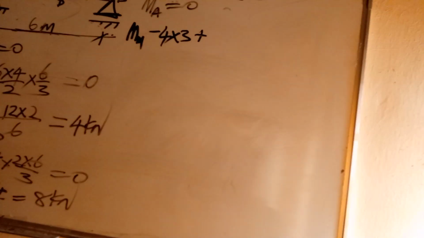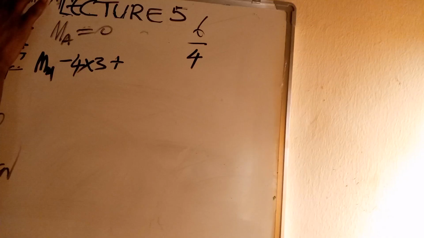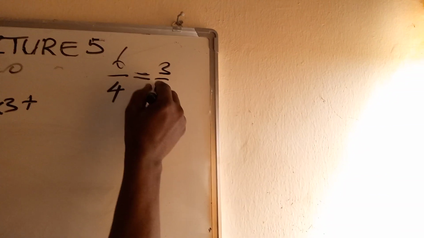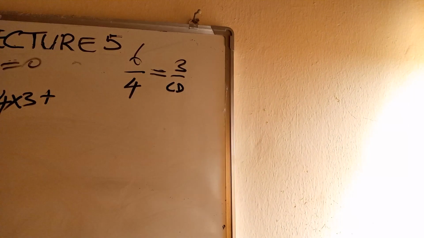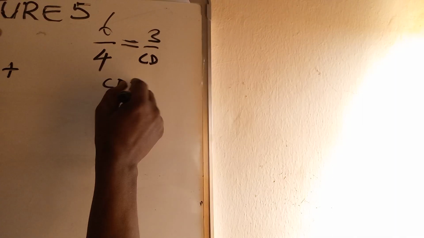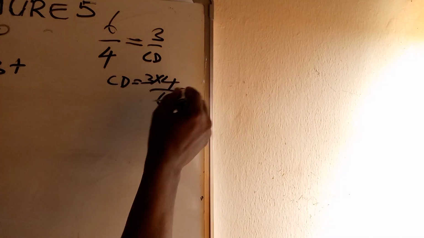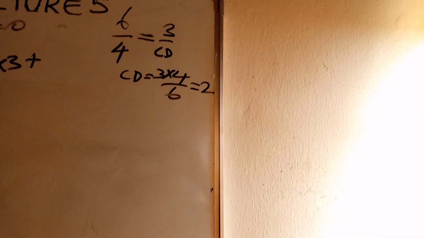And one characteristic of similar triangles is the equality of the ratio of sides. I have 6 over 4, because this is known, equal to 3 over CD. Which means, if I cross multiply, CD is equal to 3 times 4 over 6, which is equal to 2. So the intensity here is 2.